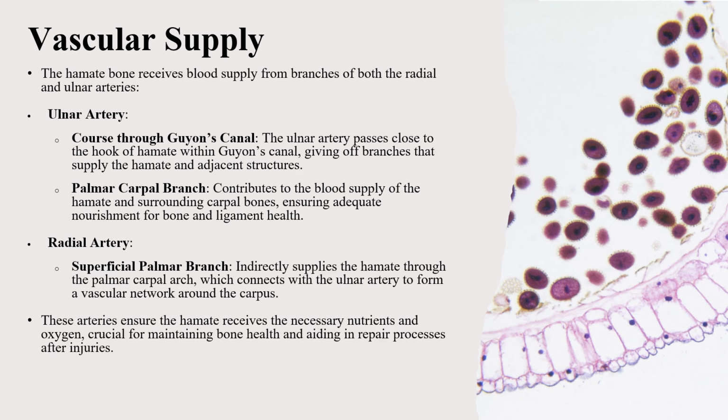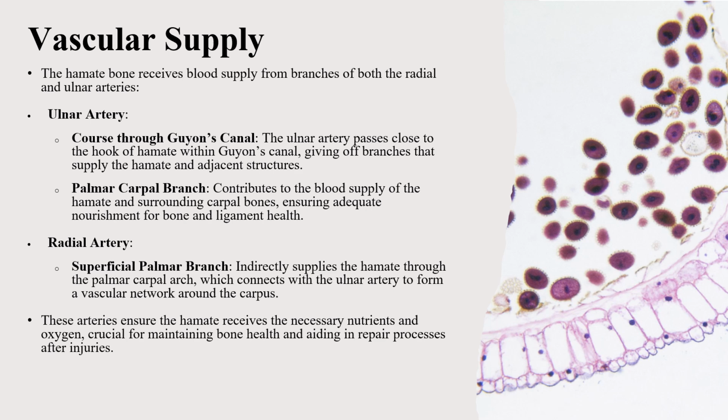The palmar carpal branch contributes to the blood supply of the hamate and surrounding carpal bones, ensuring adequate nourishment for bone and ligament health. The superficial palmar branch of the radial artery provides indirect supply to the hamate through the palmar carpal arch, which connects to the ulnar artery to form a vascular network around the carpal bones.